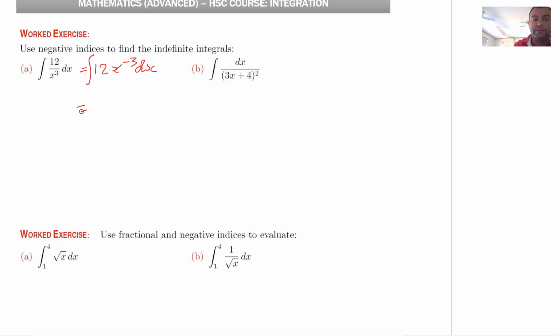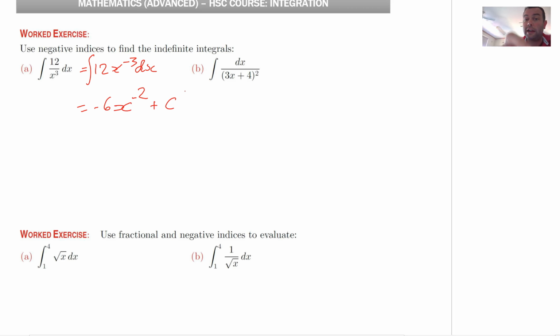For 12x to the negative 3, I increase this power by 1. That's a negative 2, be careful, not negative 4, negative 2. So that's x to the negative 2, and I divide this by this number here, and I get negative 6. Because if I differentiate this, I will get positive 12, negative times negative, 12x to the negative 3. Plus our constant on the end.